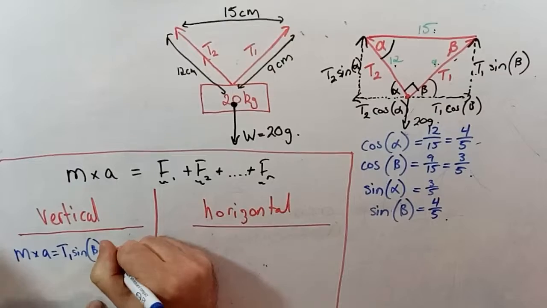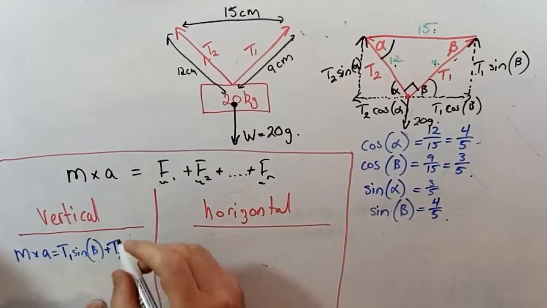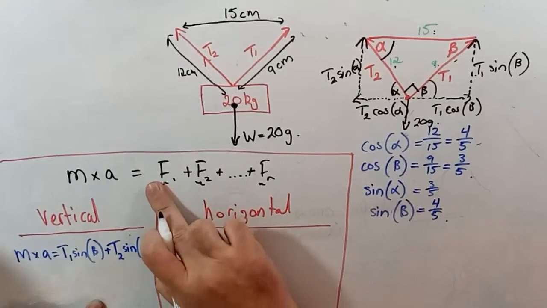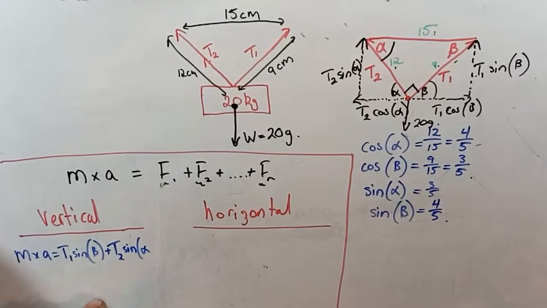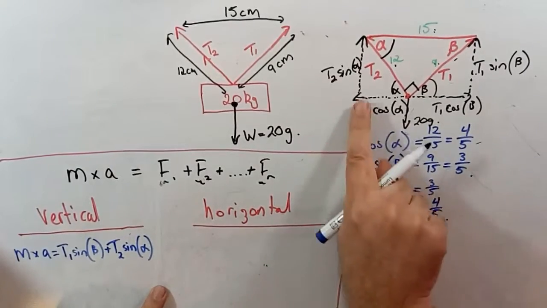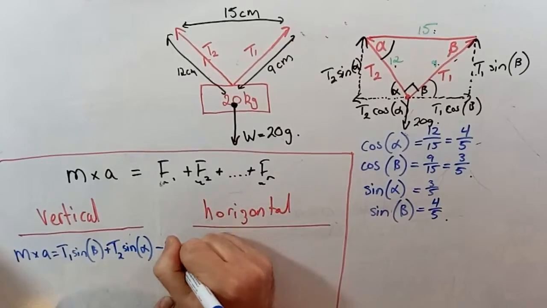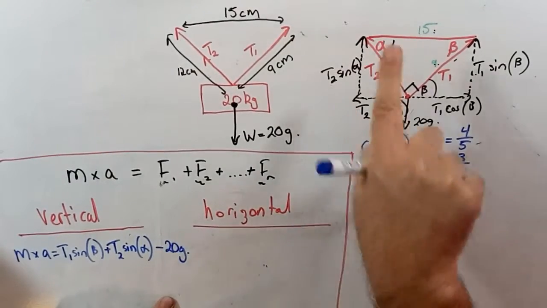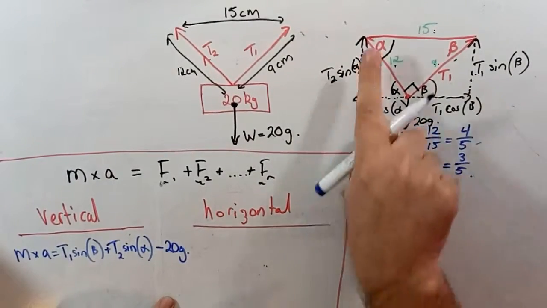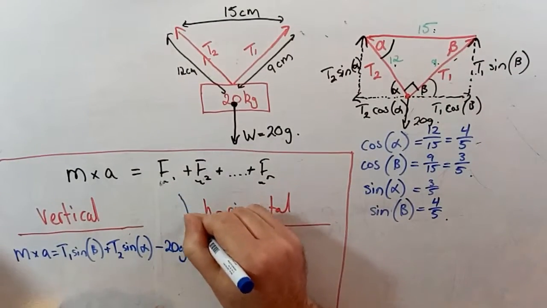Pulling up here is plus T2 sine of alpha. And then you've got these pulling up, this one pulling down, so minus 20g. So they're all the ones that are in the vertical direction, yeah? Up, up, down.